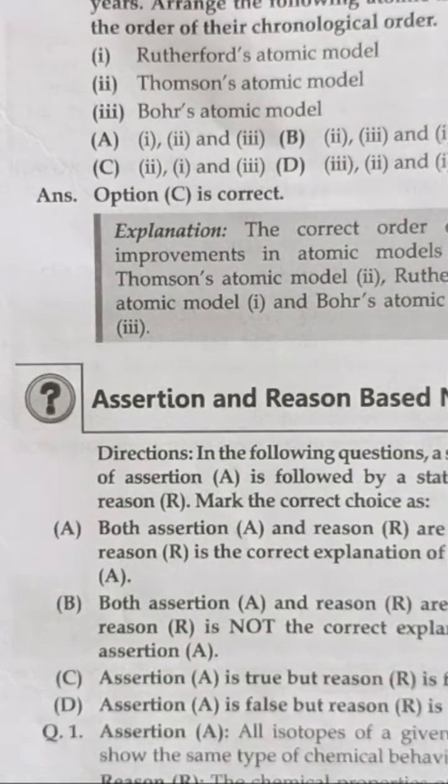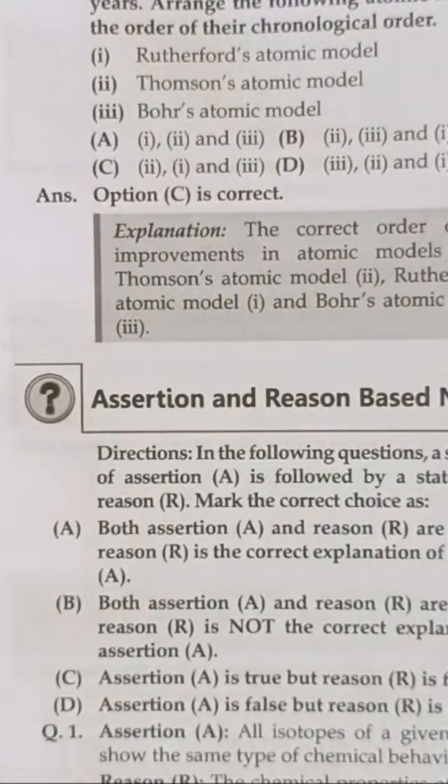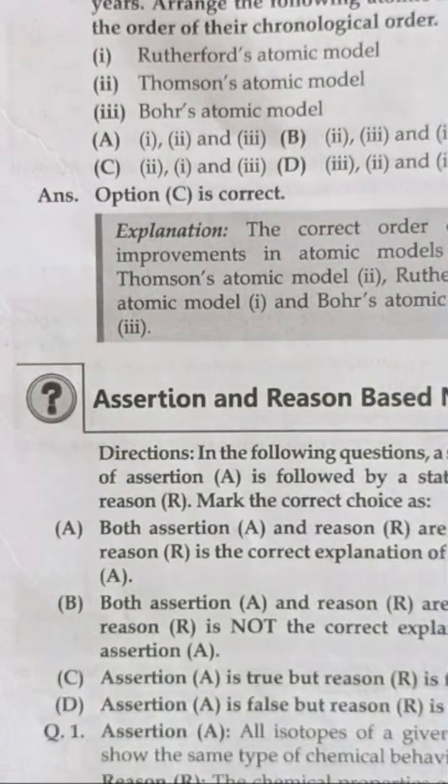Explanation: an atom is electrically neutral. It has equal number of protons and electrons.